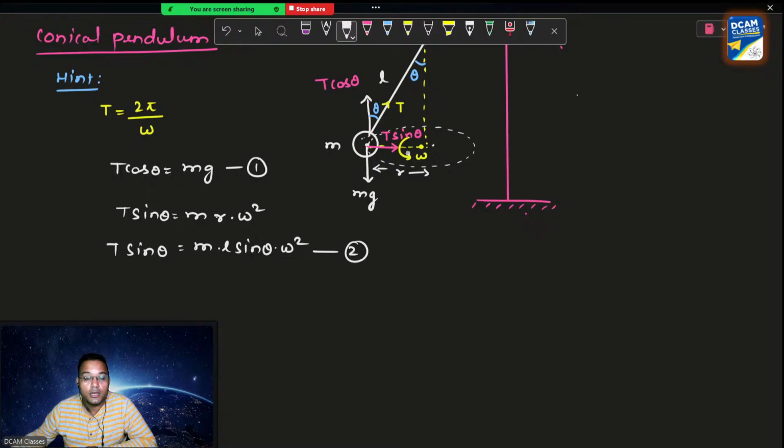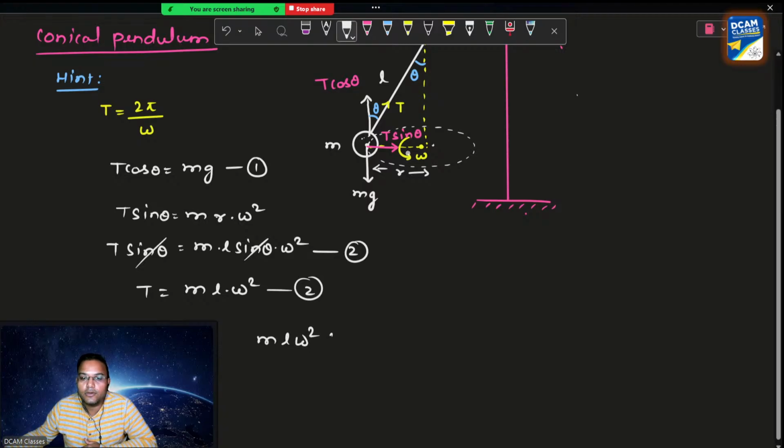Now I can cancel this out. So the T value I have got is m L omega square. I'll put this in equation number 1. What I'll get is m L omega square cos theta equals m g. So m got cancelled, and omega square equals g by L cos theta.